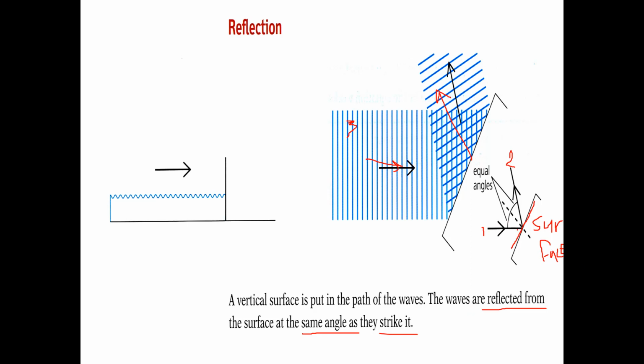So when the wave is reflected, it will make an angle. Here we have two angles, number one and number two. If we compare the size of these two angles, we will see they are the same. So angle number one is equal to angle number two. This is what we mean by reflection.